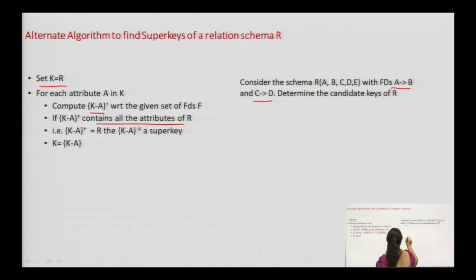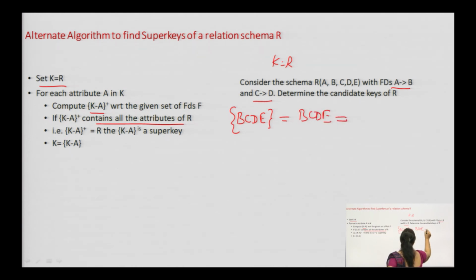So, first we will do K equal to R, and find the closure of K minus A, that is B, C, D, E. The closure of B, C, D, E is B, C, D, E itself, which is not equal to R, hence this is not a key.